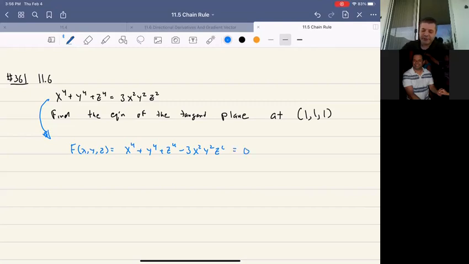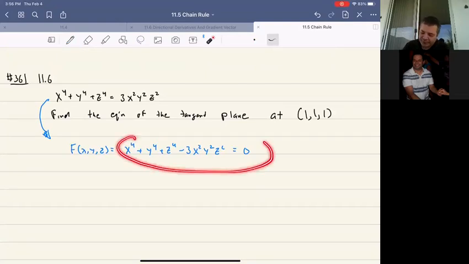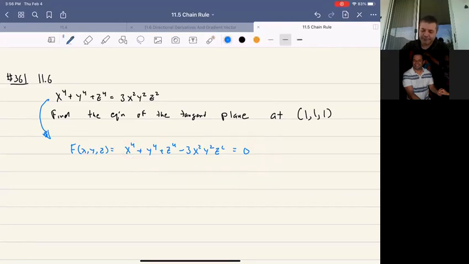Okay, so the equation is f of x, y, z equals 0 in this case. When we have two things equal, we're just going to put all the variables on one side, and you can put the constants on the other. But this is an implicit equation. Okay, so we're going to take our partial derivatives.